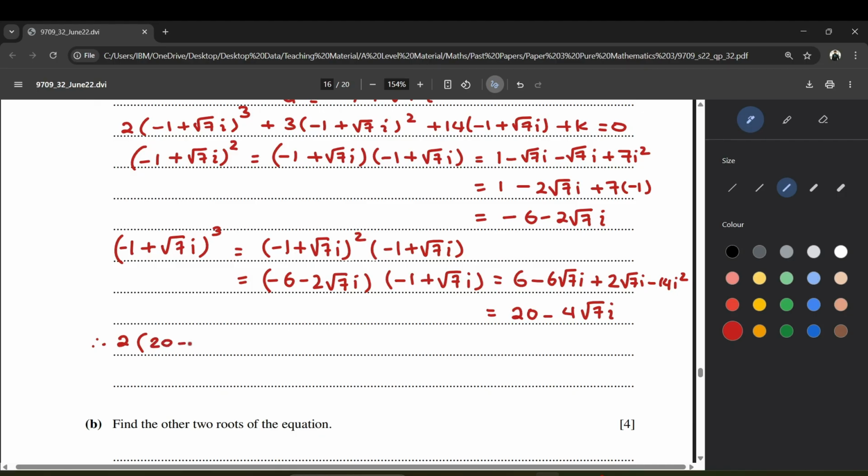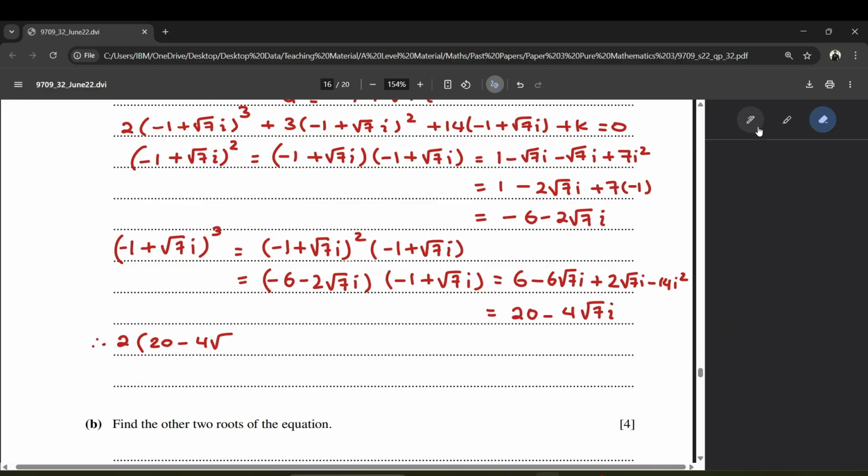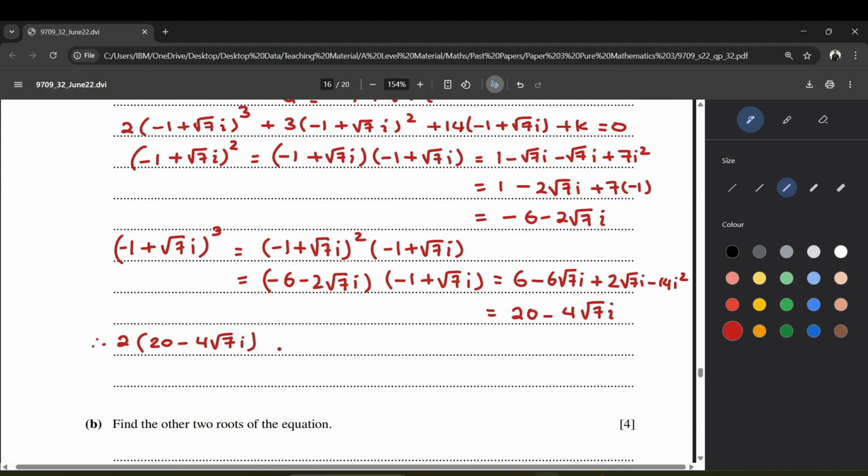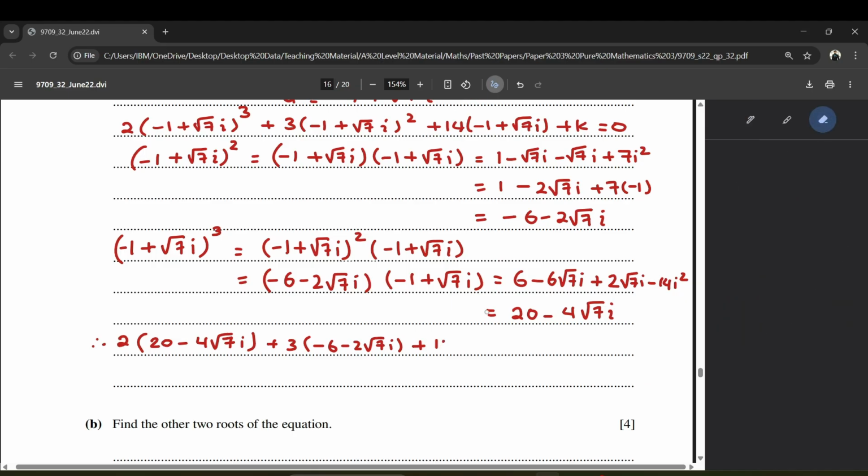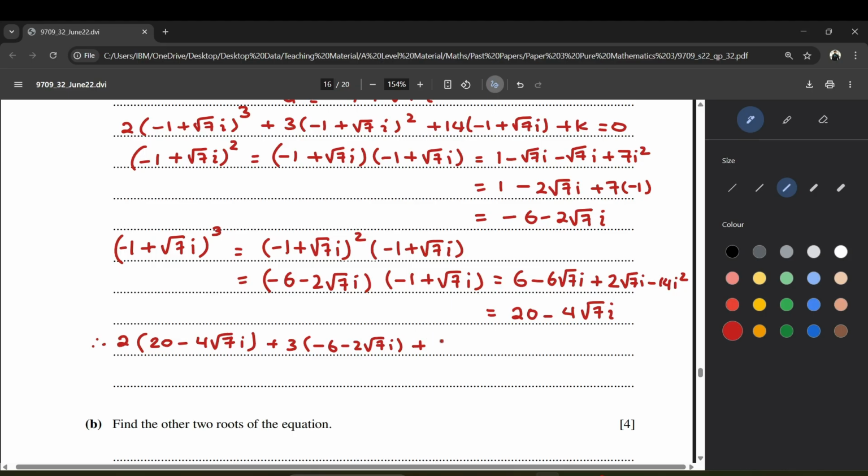So 2 times 20 minus 4 root 7i, plus 3 times minus 1 plus root 7i whole square, which is this expression, minus 6 minus 2 root 7i, and then plus 14 times minus 1 plus root 7i, plus k equals to 0. Okay, so we can just work it out right now. Let's just write it first.